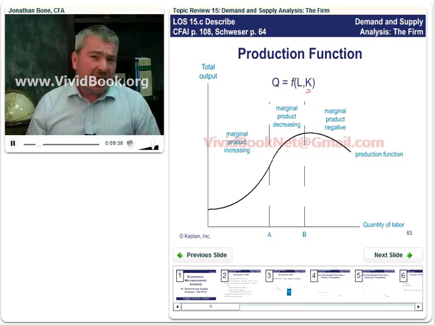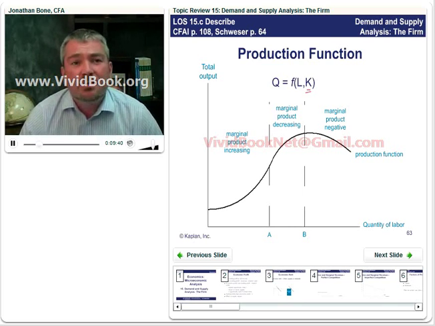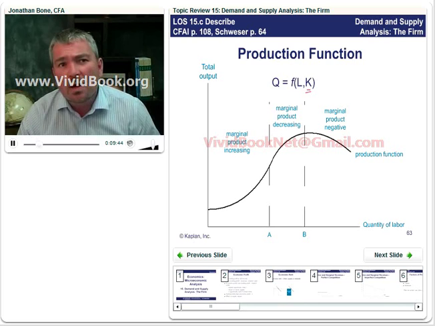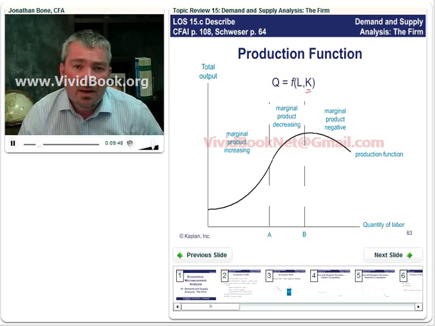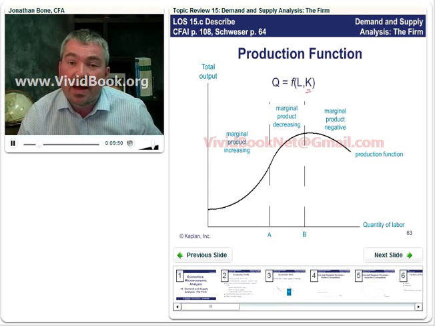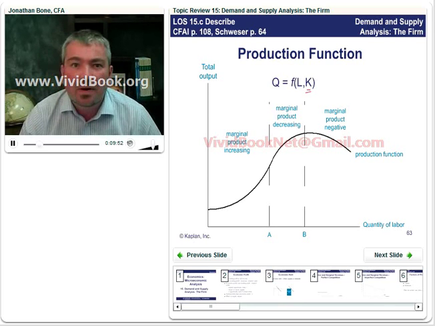Why is this the case? It's probably due to specialisation. As you employ some more labour, each worker can actually specialise on a specific task, and as a result, by employing 2 workers, you get more than twice the output. And as a result, the marginal product, the additional product of employing 1 extra unit of resource, in this case labour, is increasing.